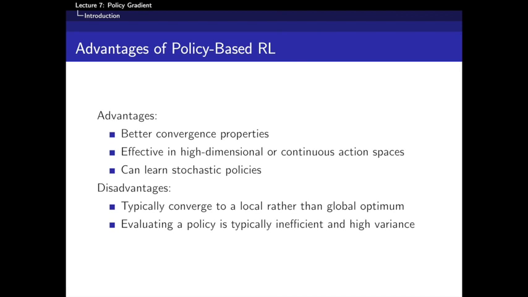So disadvantages. The main disadvantage is that naive policy-based reinforcement learning can be slower and higher variance and less efficient than value-based methods. I think the way to think of this is that value-based methods, when you use the max, are extremely aggressive. This max in one step is trying to improve your policy in the direction that absolutely pushes you all the way to what you currently think is the best policy.